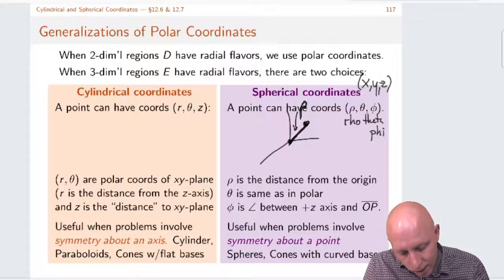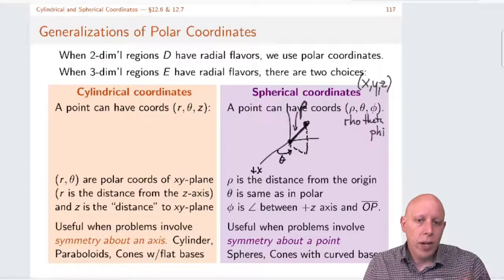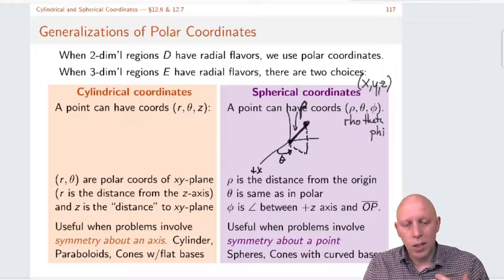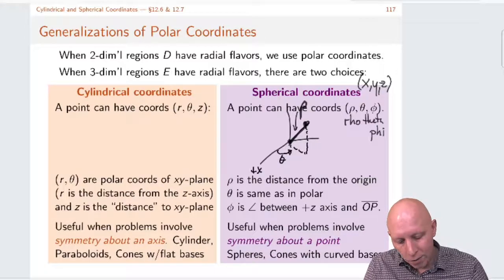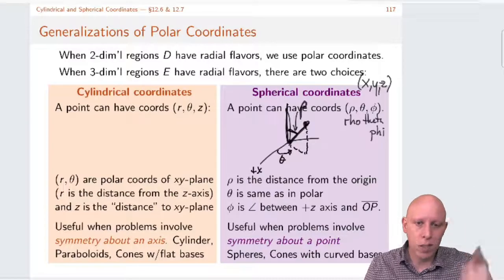Theta is the same idea, where it corresponds to how far from the positive x-axis you've rotated. But now we have one more piece of information along with this, and that has to do with how far this line has rotated down from the positive z-axis.